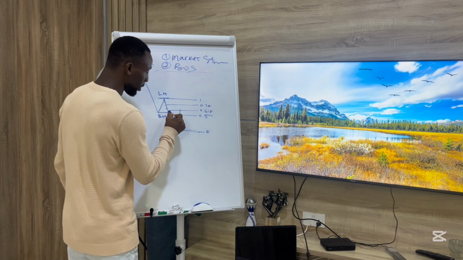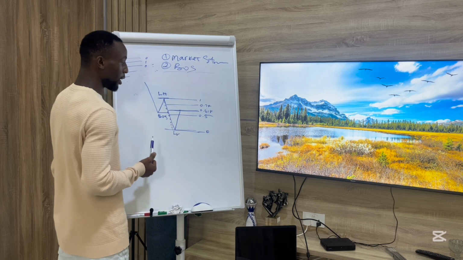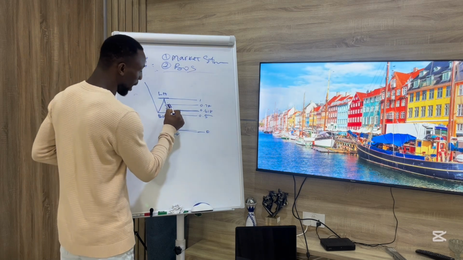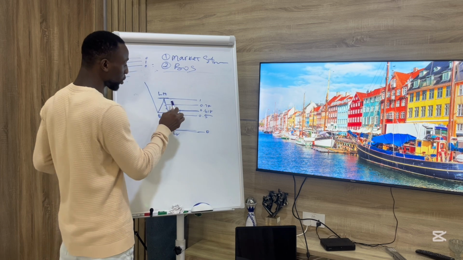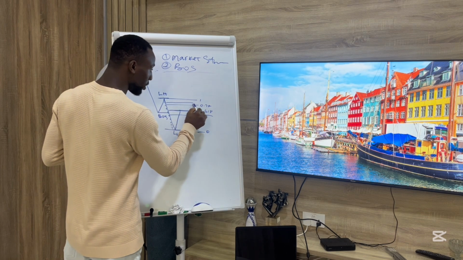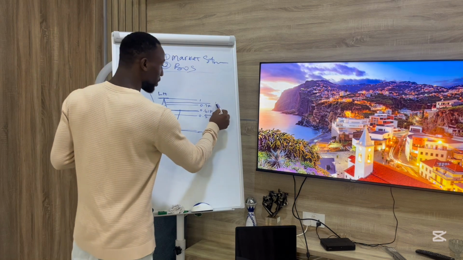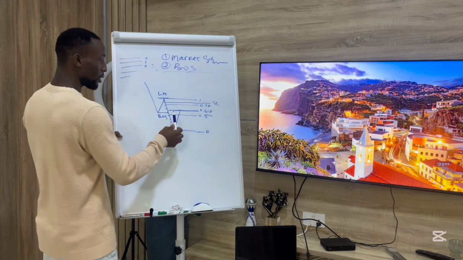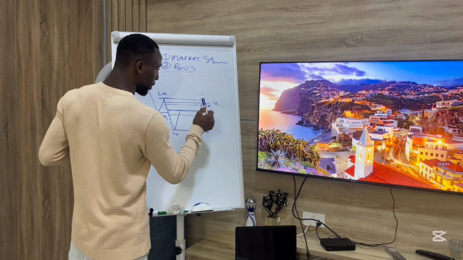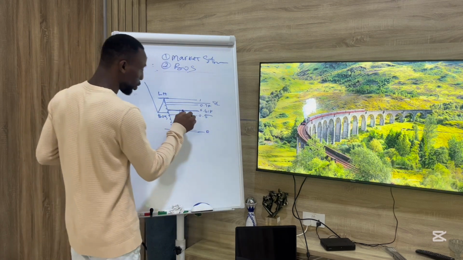So once the market hits your 0.618 area, you put your stop loss above the 0.78. Remember, your stop loss will be above the 0.78. That should be your stop loss. You understand? Then your entry will be your 0.618.